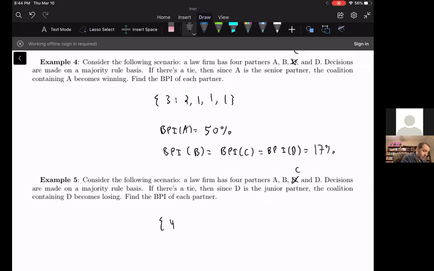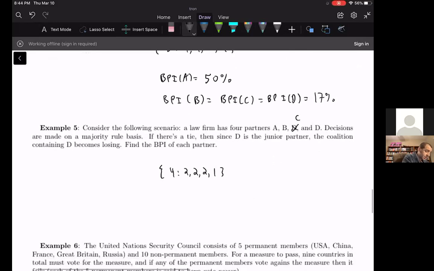So here was the weighted voting system that multiple people gave us last time. Since you can write that down, you can go to the calculator and ask, how powerful are people? In this case, A, B, and C all have the same amount of power because they have the same weight. And then D will have a separate amount of power.